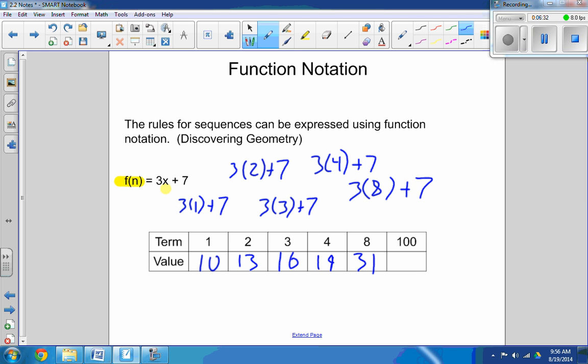Now I do 100. 3 times 100 plus 7, and we get 307. So I can pick any term, and I can figure out what value that is by using the function notation.